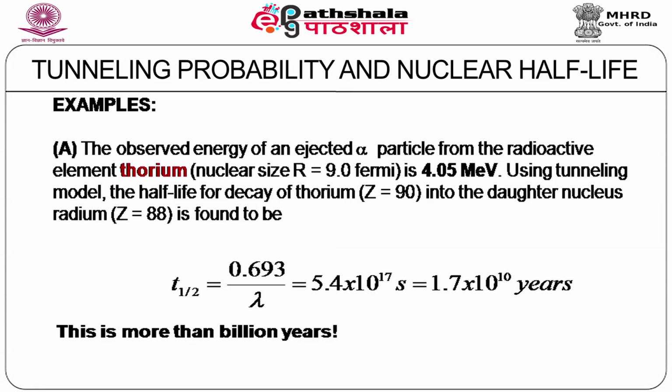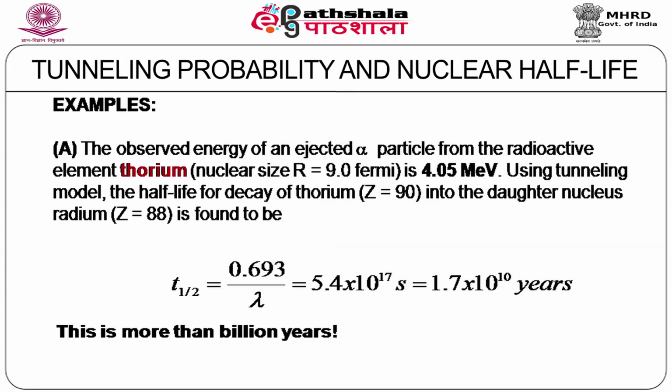We consider two extreme cases. One is the radioactive thorium, which has a half-life of billions of years, and secondly, the radioactive element polonium, which has a half-life which is less than a billionth of a second.